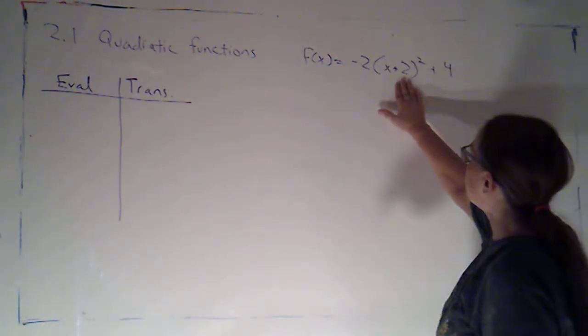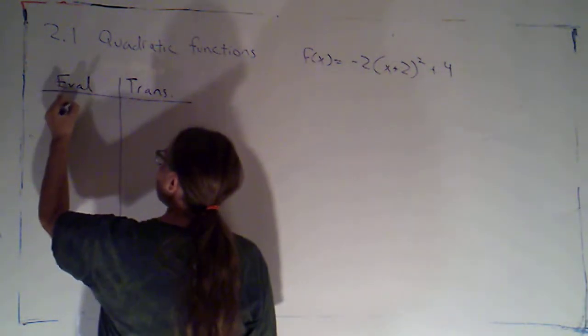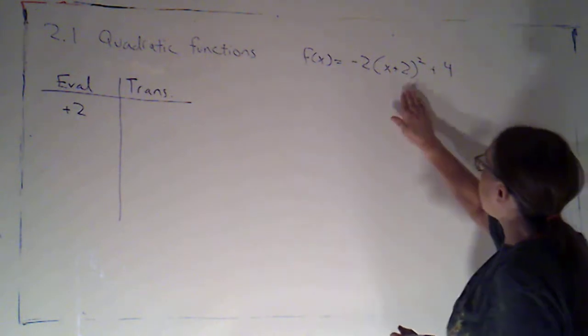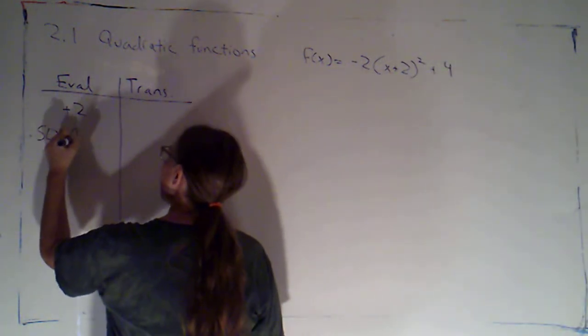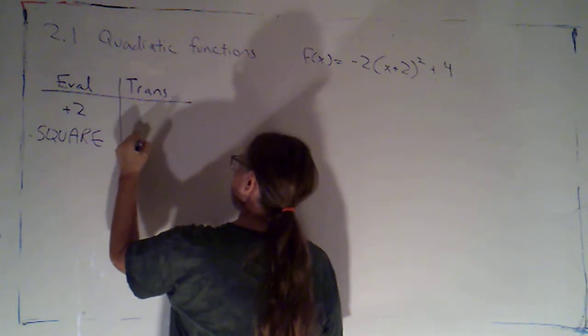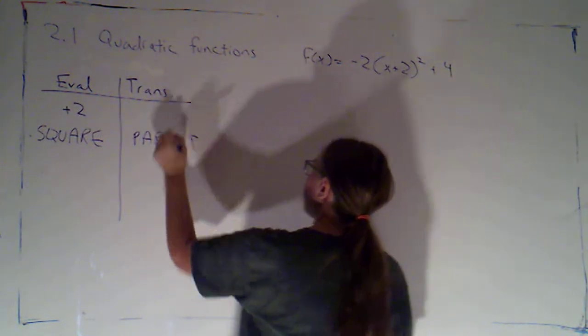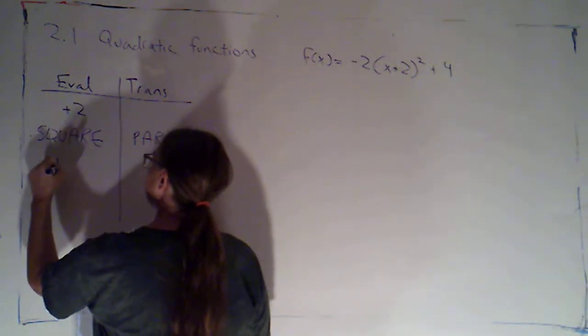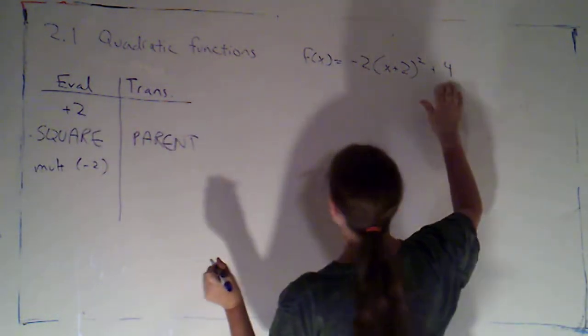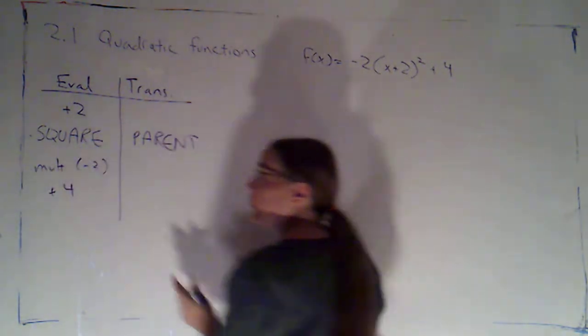So if I were plugging in a number for x, the first thing I would do is add 2. Then I would square that result. Now squaring, that's my parent function. After I've squared, I would multiply by -2. And then the last thing we would do is add 4.